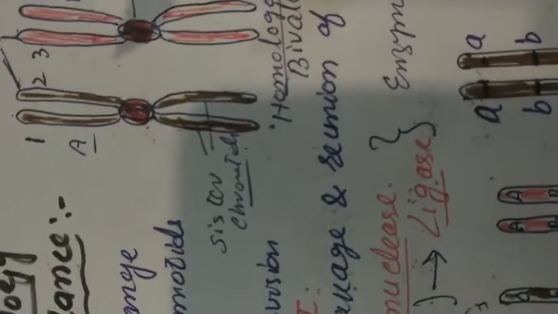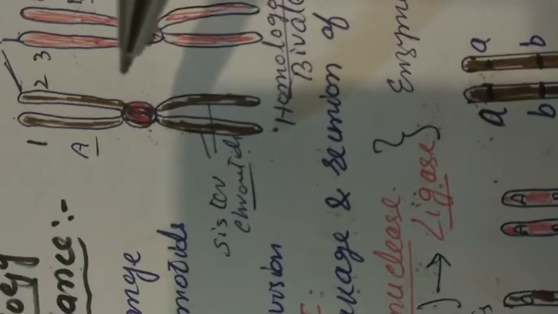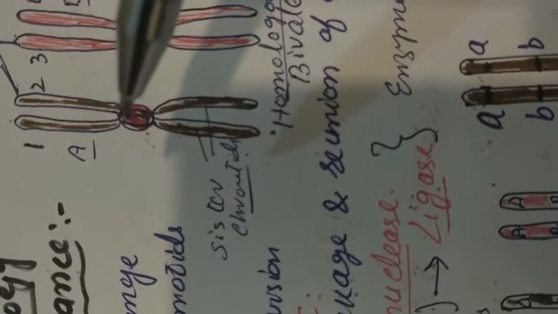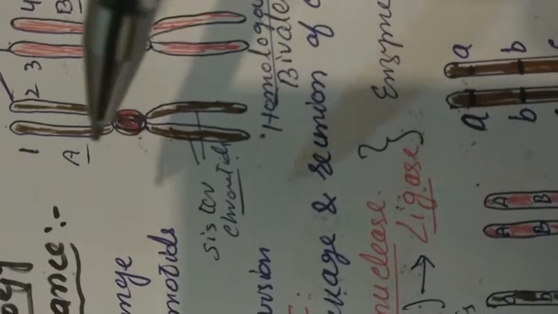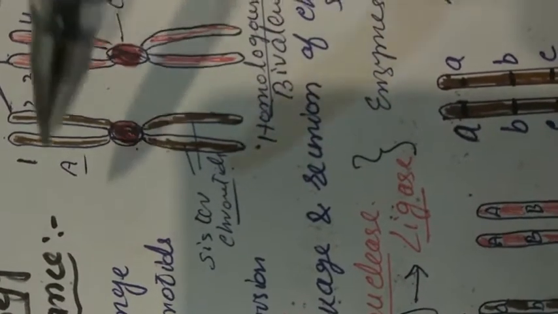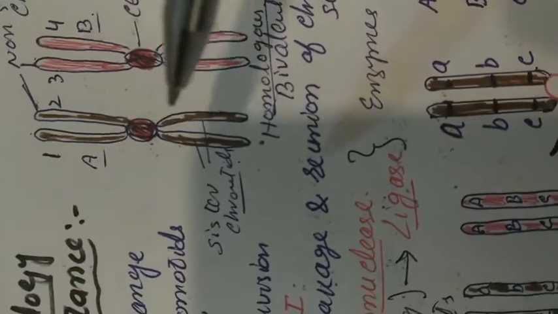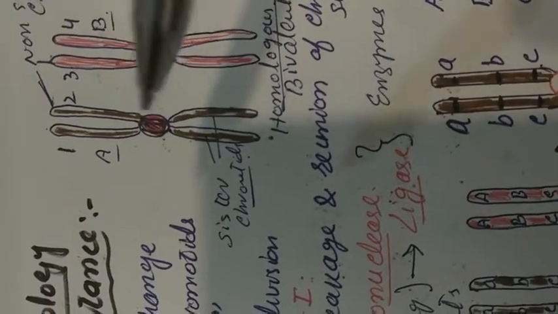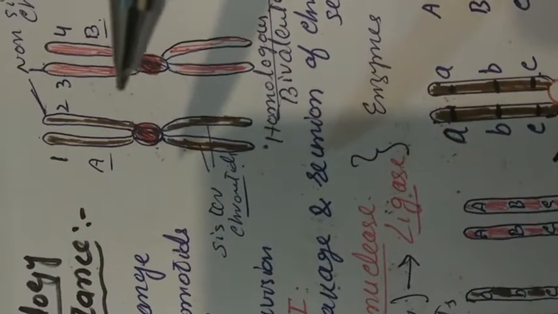As you can see in this sketch, these are the two homologous chromosomes, and each chromosome has actually two chromatids. This pairing of homologous chromosomes actually occurs during the meiotic division at zygotene stage of prophase 1.